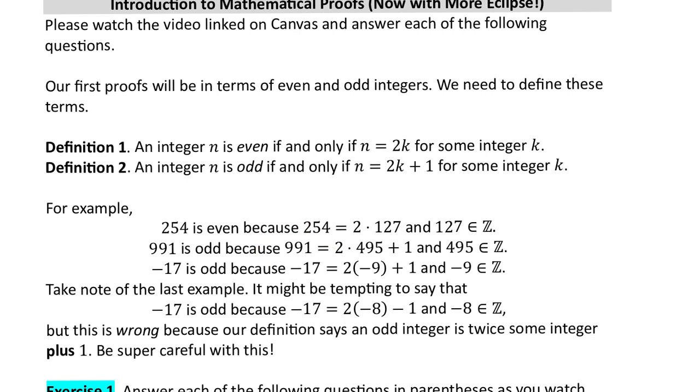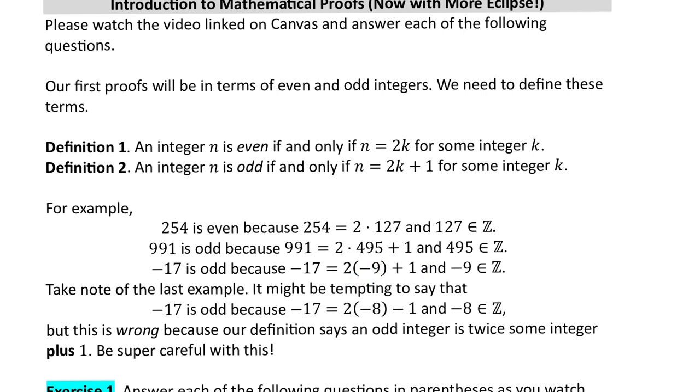And finally, another example, negative 17 is odd because there's some number that when we multiply it by 2 and add 1, we get negative 17. In fact, 2 times negative 9 is negative 18, plus 1 is negative 17. Now, we are going to insist when we talk about odd integers, it has to be plus 1 at the end.